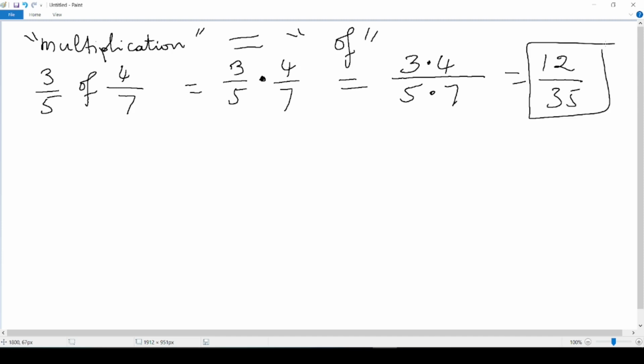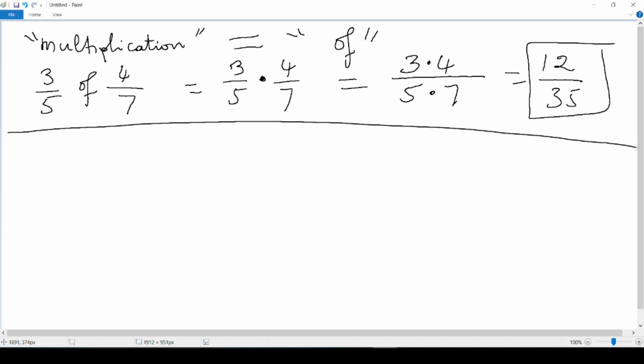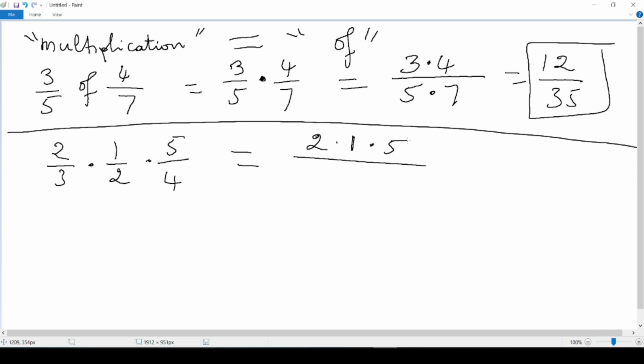We can multiply more than two fractions, and the way of doing it is the same. So if I have 2/3 times 1/2 times 5/4, it's the same as multiplying numerators, which are 2 times 1 times 5, over multiplying the bottoms, 3 times 2 times 4.